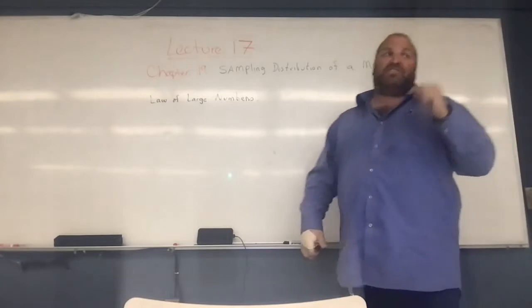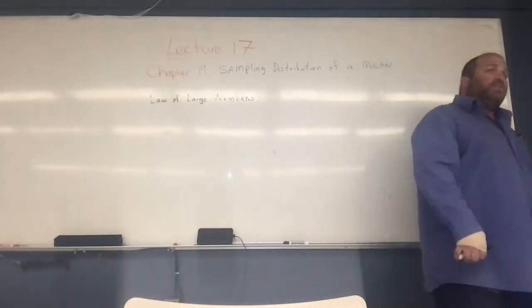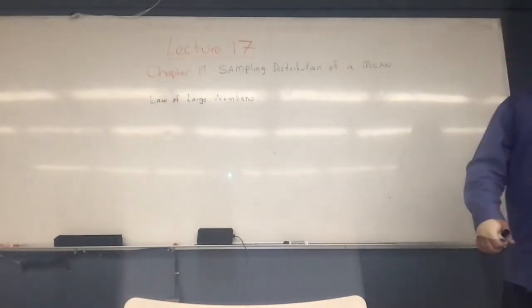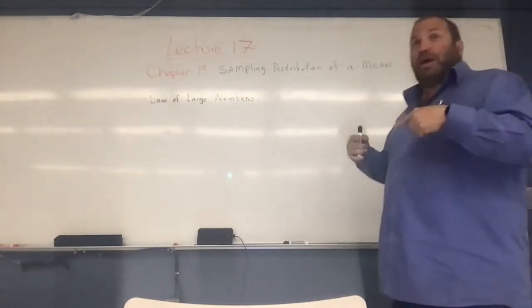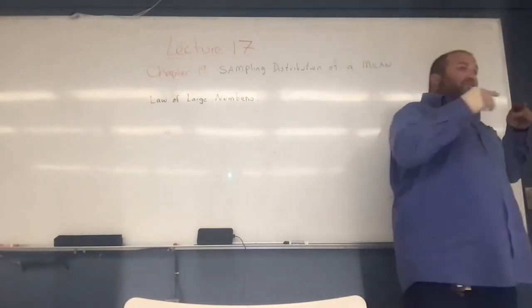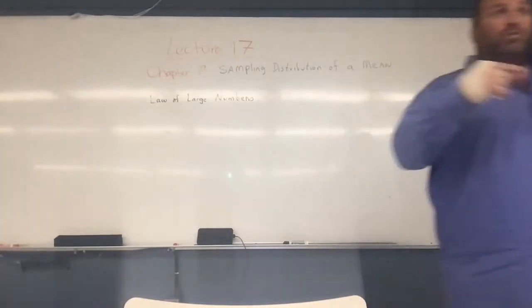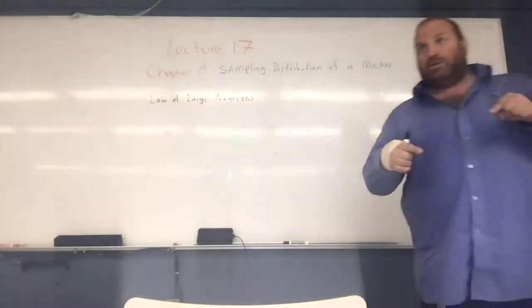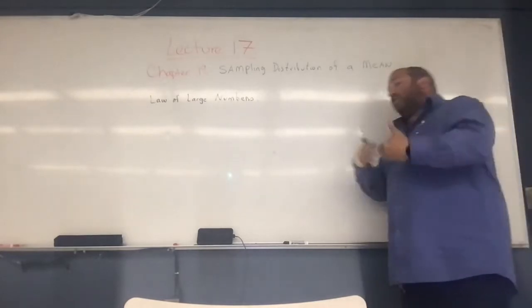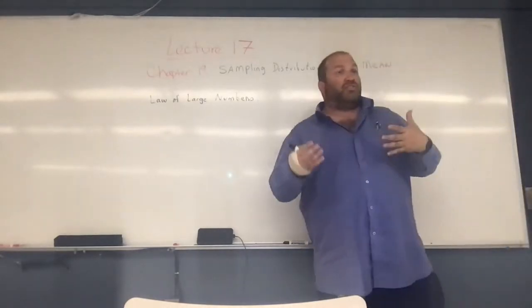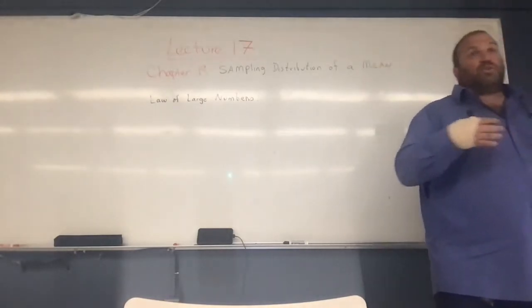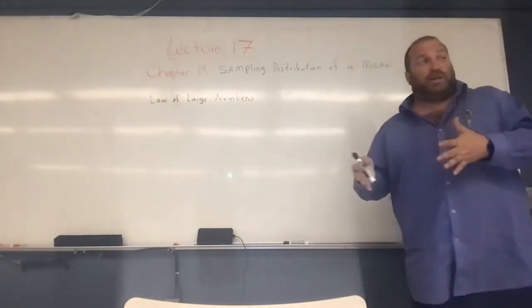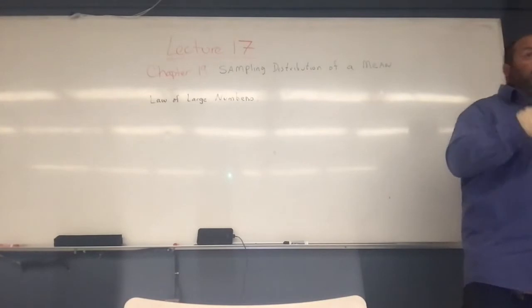Okay, but the distinction I want to make is that the law of large numbers that we did last time dealt with proportions. We said as the size of your sample increases, the sample proportion approaches the true proportion. Now we're doing a law of large numbers in relation to mean, but it's the same idea. As the sample size increases, your sample mean will approach the actual mean.